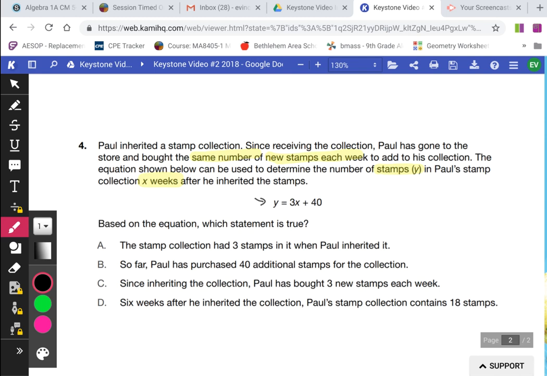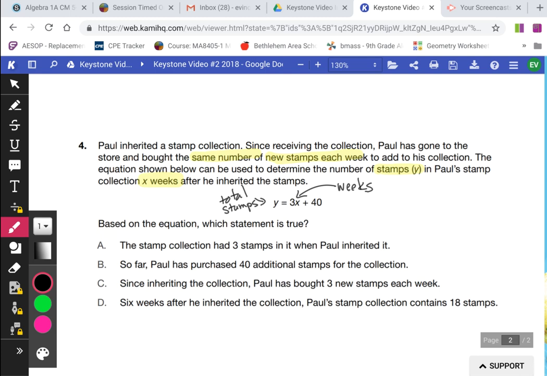So Y is total stamps. X stands for weeks that he collects the stamps. So based on which equation, which statement is true. So did the collection have 3 stamps in it when Paul inherited it?